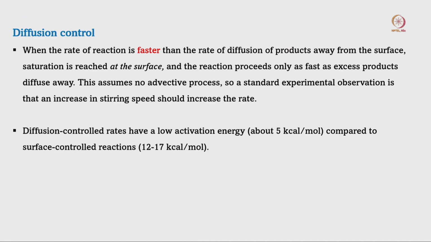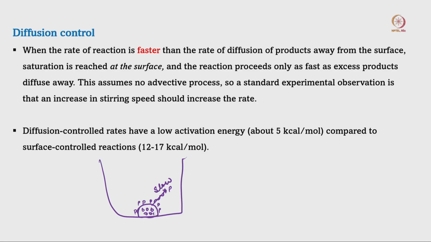Now, let us see diffusion controlled reactions. What will happen if the rate at which the reaction is supposed to happen is faster, but when the products are going away, they are very slow. So, all the products are concentrated around the surface of the reaction and they are not moving, then this diffusion is very slow.